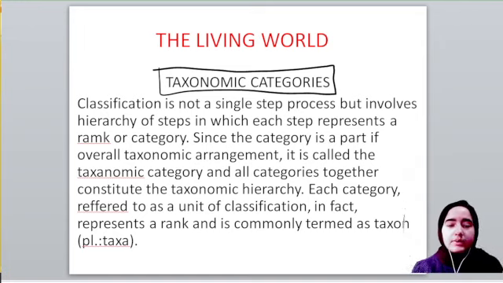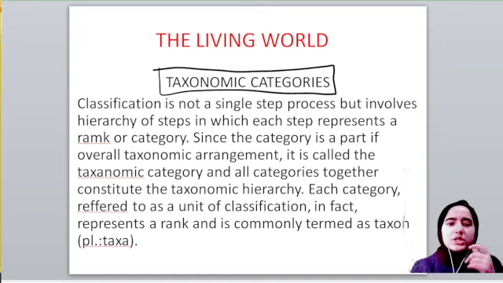In earlier taxonomy, we would simply observe the external features. But in modern taxonomy, we include internal features as well, so that we can categorize the organisms easily.